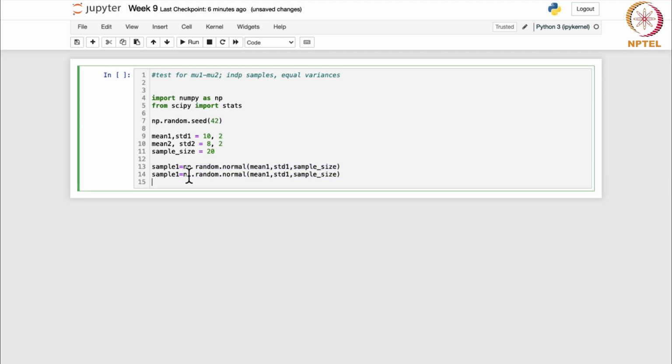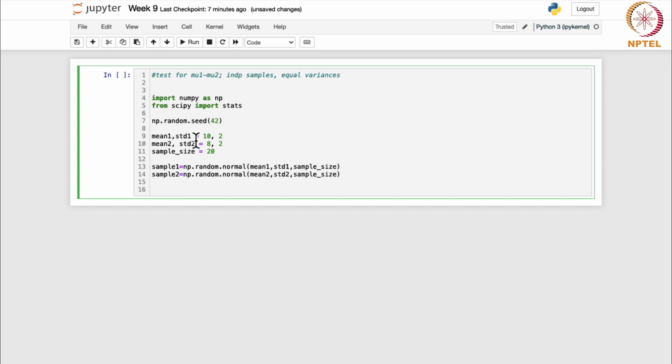Similarly we do it for the second sample, where the difference comes only from the different means and standard deviations. Instead of writing STD1 and STD2, you could have just written STD in these two places and separately mentioned it as 2. That is another way of doing it, but right now we are just following this pattern.